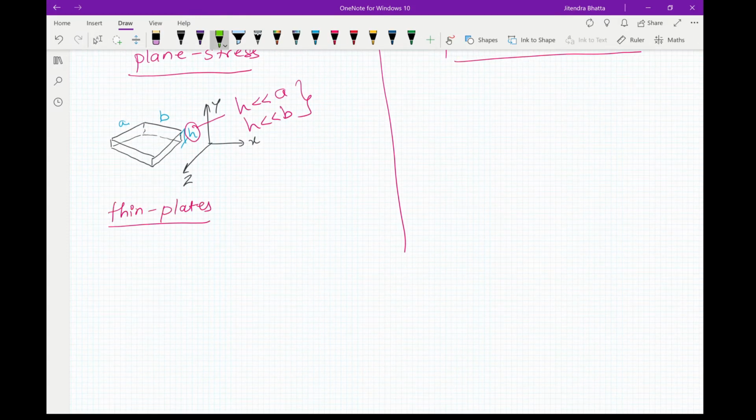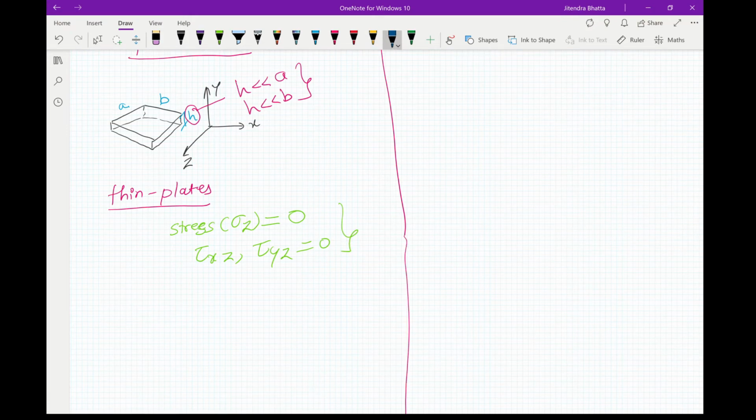In plane stress problems, your stress in the z direction is taken as 0, which means that your shear stresses in the z direction are 0. This is the case where we apply in-plane loads like here Fz, Fz and Fx.